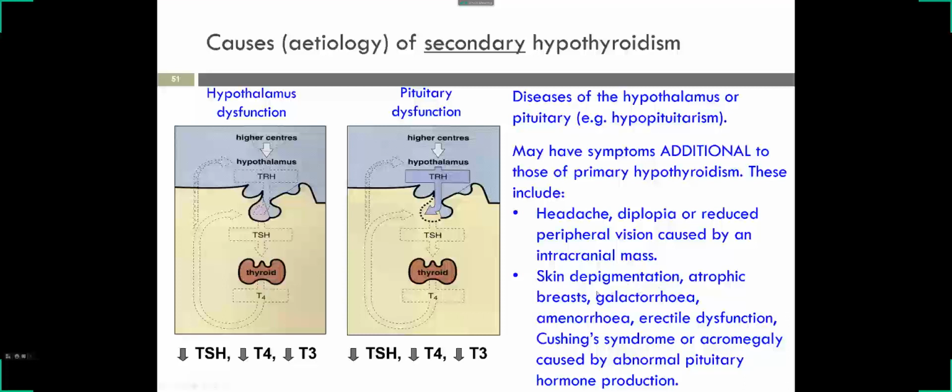You could have skin depigmentation, atrophic breasts, galactorrhea, amenorrhea, erectile dysfunction, Cushing's disease, or acromegaly, depending, all because of the pituitary dysfunction. So some of those things Carlos would have told you about. This would be in conjunction with low TSH and low T4 and low T3.